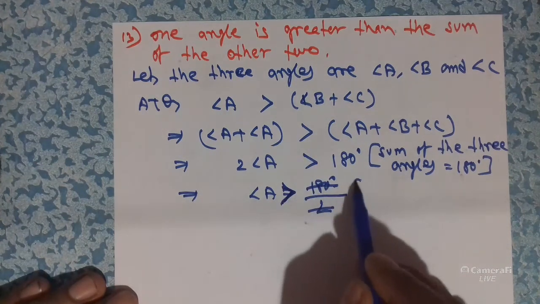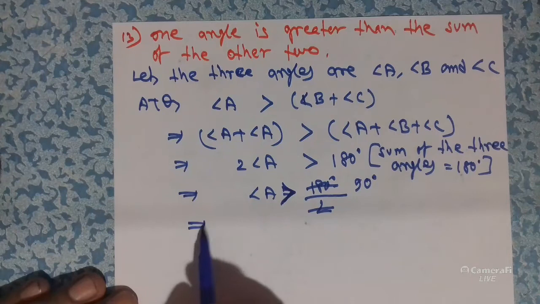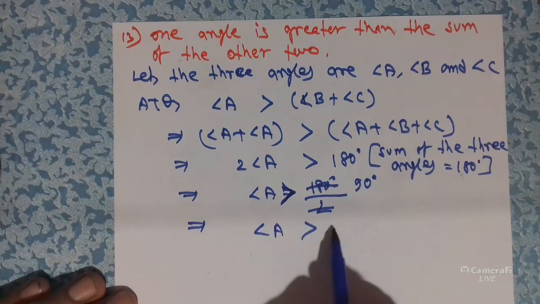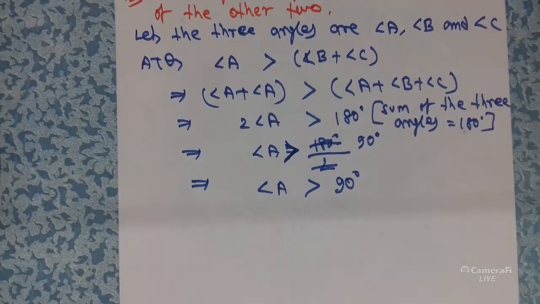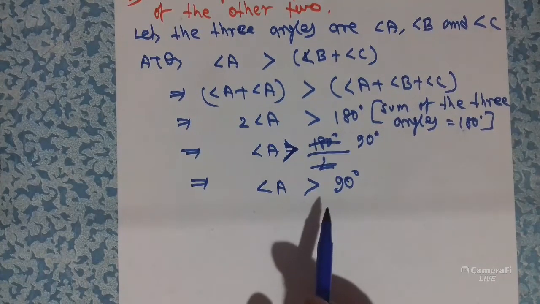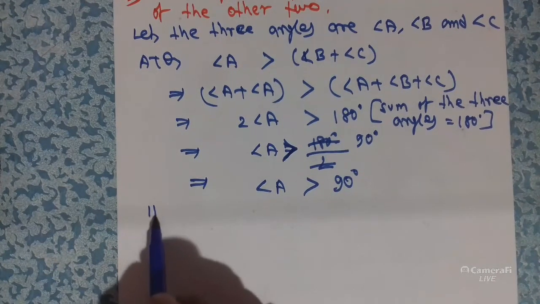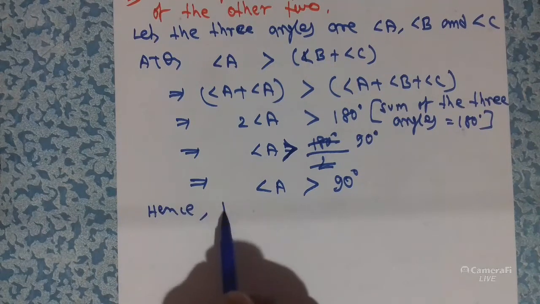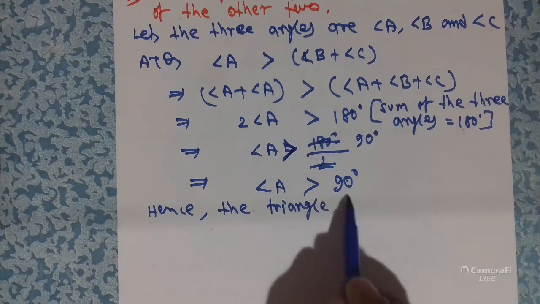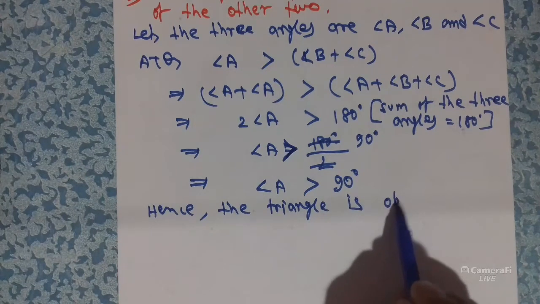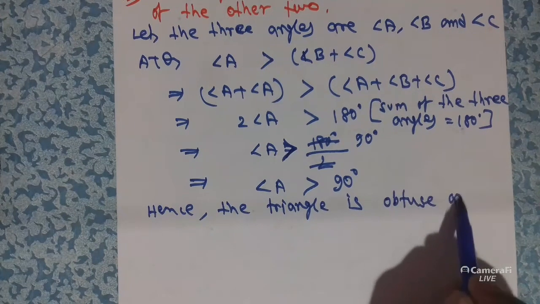So angle A is greater than 180 by 2, that means angle A is greater than 90 degrees. So hence the triangle is obtuse angled.